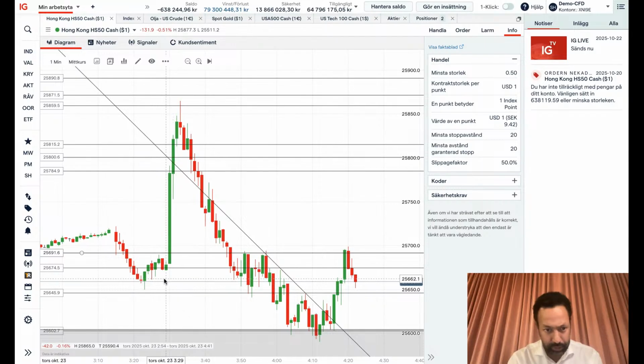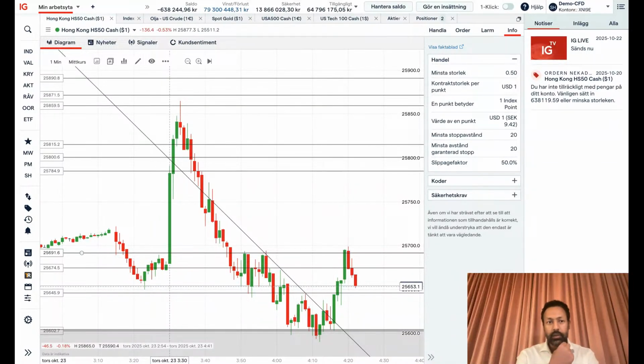So price is stopping here around, I don't know why it should stop there, to be honest. Let's give it some time. See if we can push to the line and maybe further down from the line, move the stop forward.